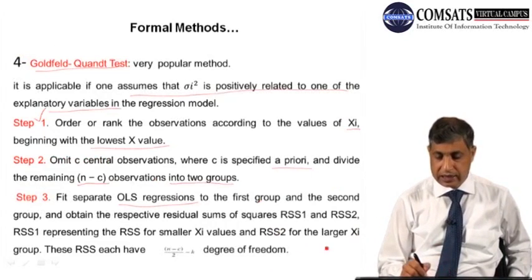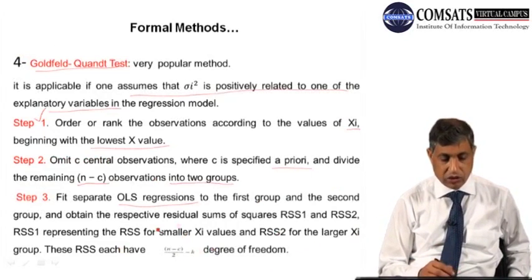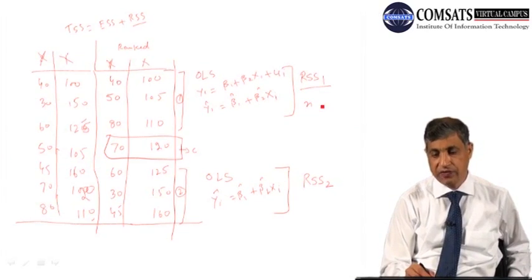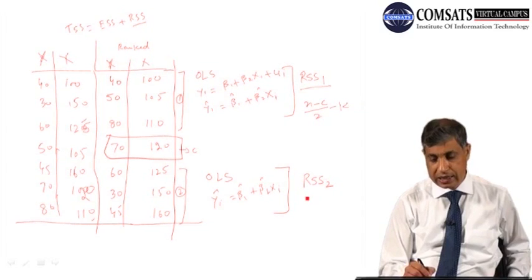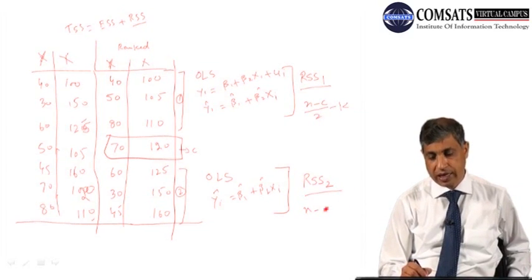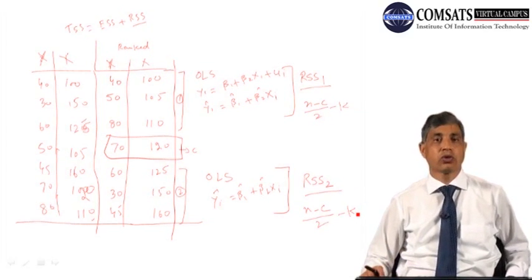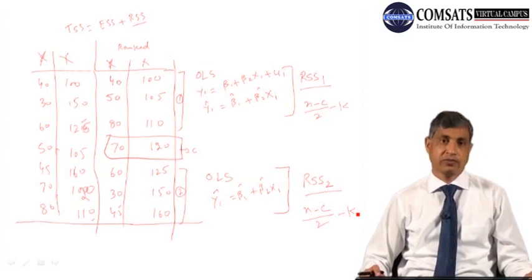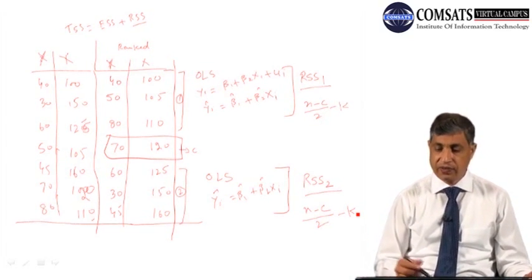Now smaller xi, and these residual sums of squares each have n minus c over 2 minus k degrees of freedom. Every time this has degrees of freedom n minus c over 2 minus k, and this has been calculated in the same way. You know n is the total number of observations, but now in the one group, not the total number of observations, that is 7. What will this be?